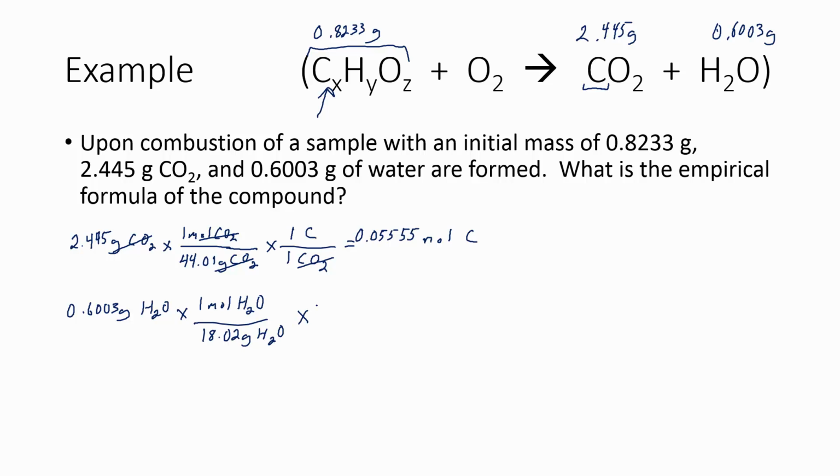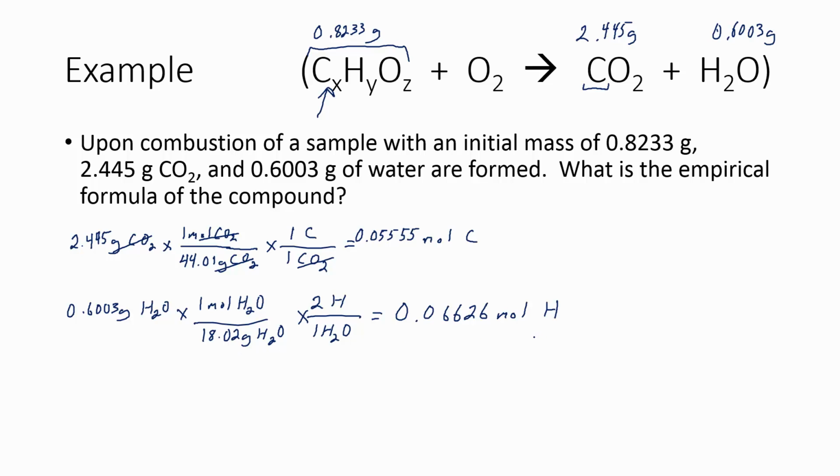And now keep in mind, 2 hydrogens for every 1 H2O means that our original compound provided us with 0.6003 divided by 18.02, times 2, which is 0.06663 moles of hydrogen. All right, so far so good.